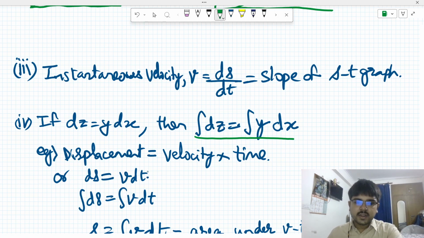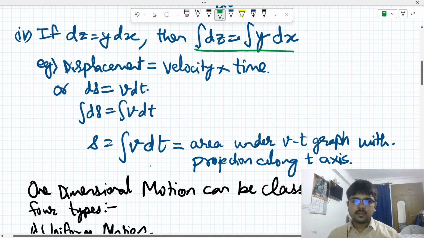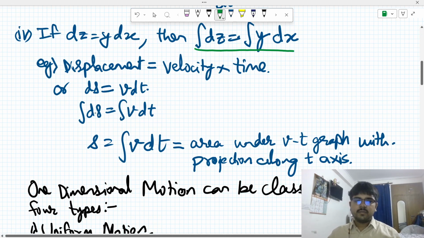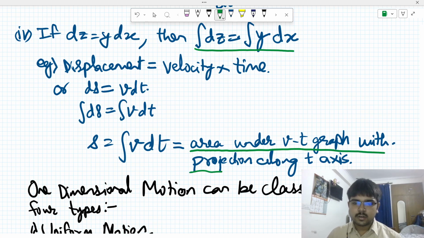So dx is equal to v dt, and if we integrate both sides, we get s equal to the integral of v dt, that is the area under the vt graph with projection along the t axis. That is how we get the area under the vt graph with projection along the t axis.